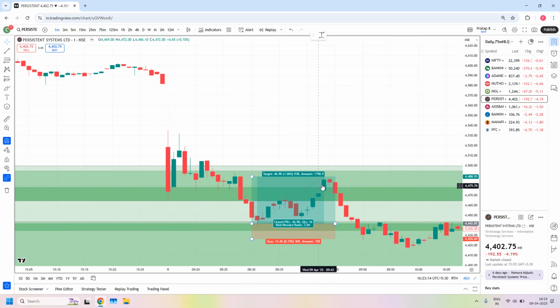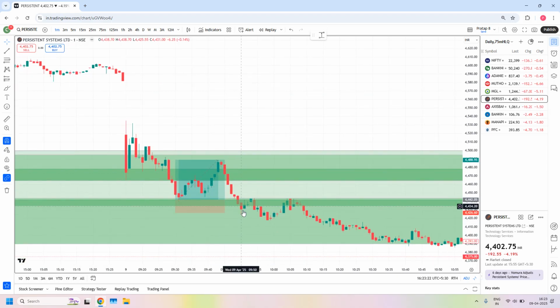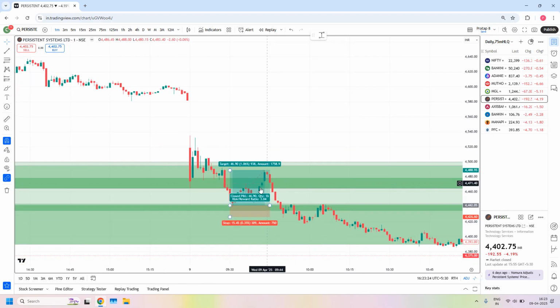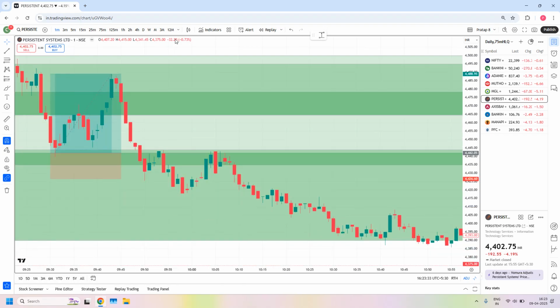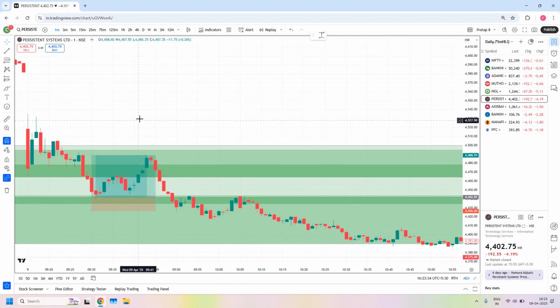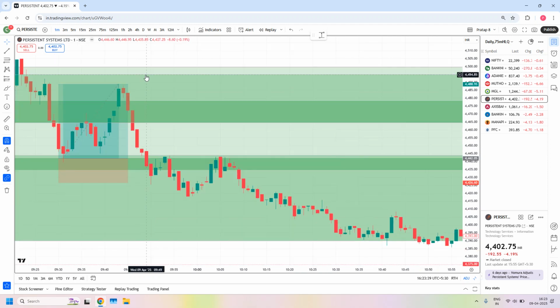And then it gave you 1:3 RR. After that, the zone is violated. So 1:3 RR achieved. If you are planning any 15 minutes target, probably the 15 minutes target won't be reached. At that time, if anybody is planning a 15 minutes target, you have to use the trailing stop.